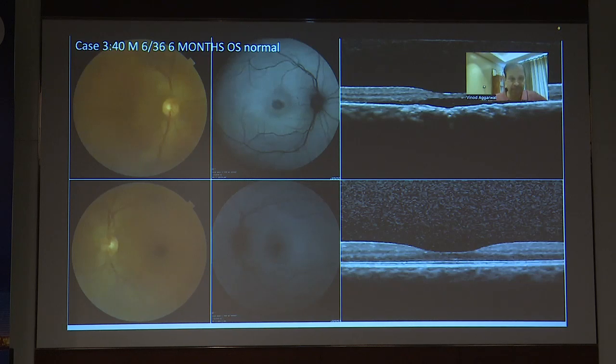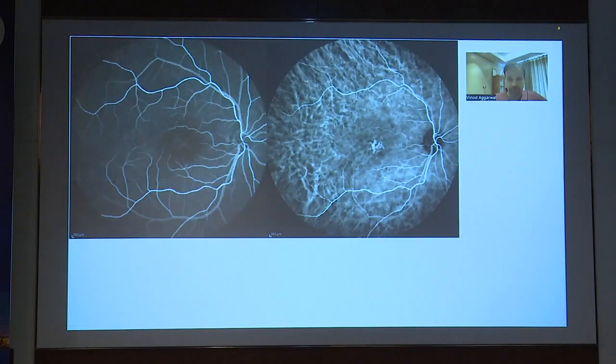Now, this is my second case. If you see, this is a patient where the left eye is normal in the pictures below. On the pictures above, you can see there is a small hypoautofluorescent spot in the central macula, and on OCT through the central fovea, you can see there is a subretinal fluid. Now we went ahead with the FA and ICG in this particular patient.